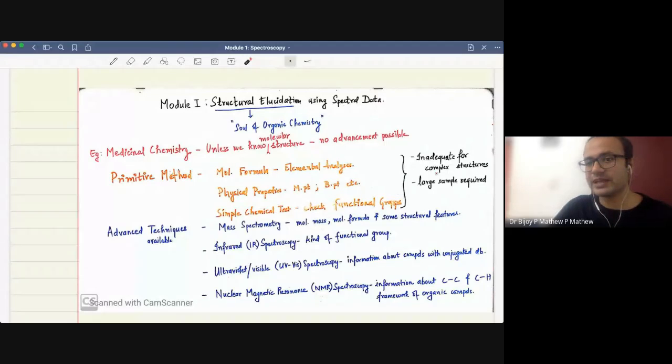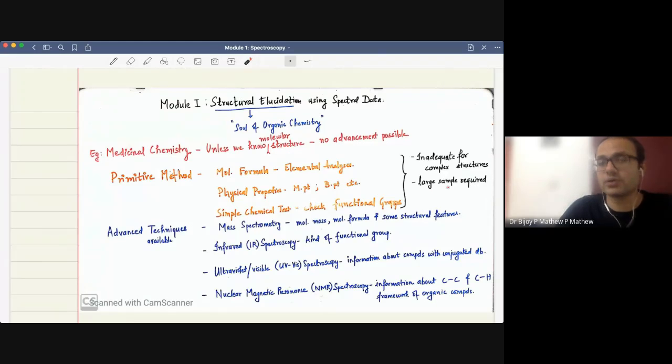And here I have written down that this particular way of determining the structure really failed, because when it comes to complex structures, compounds which are very big, with a lot of substitutions present, it was very difficult to determine the structure using this technique. Often this kind of structure elucidation required a very large amount of sample.